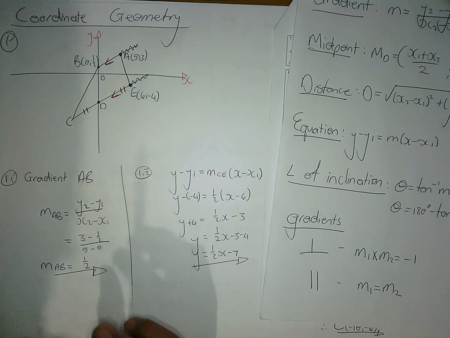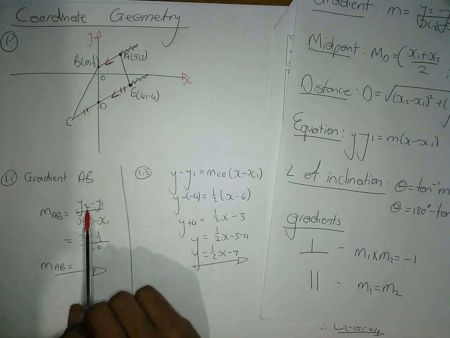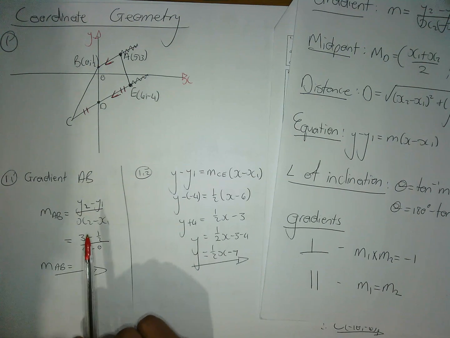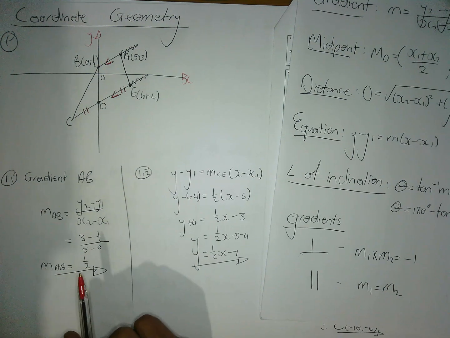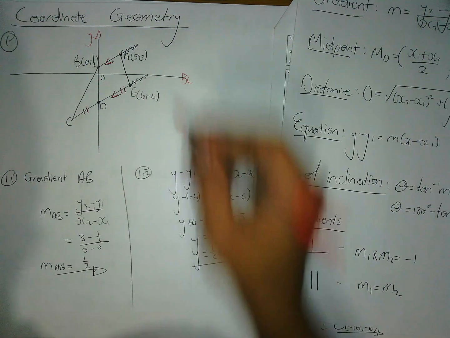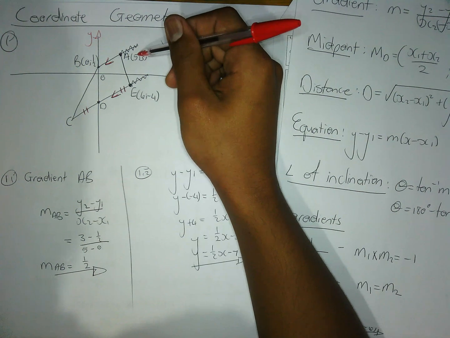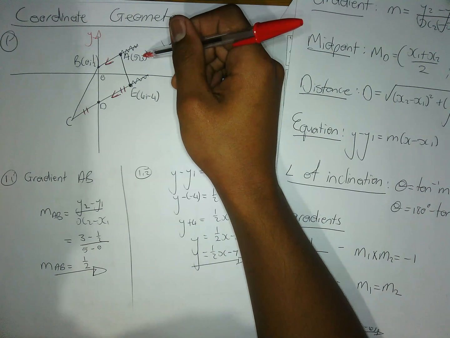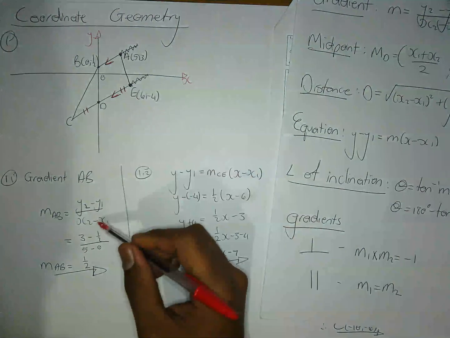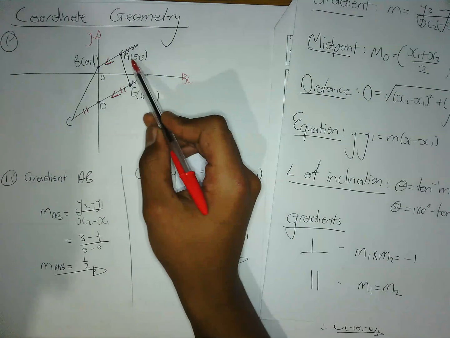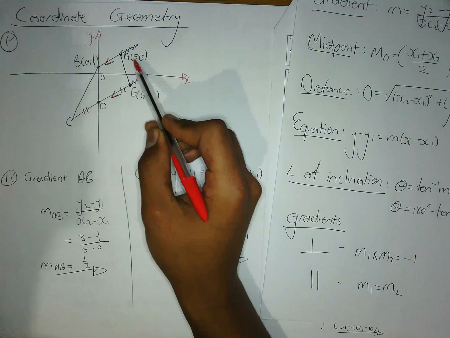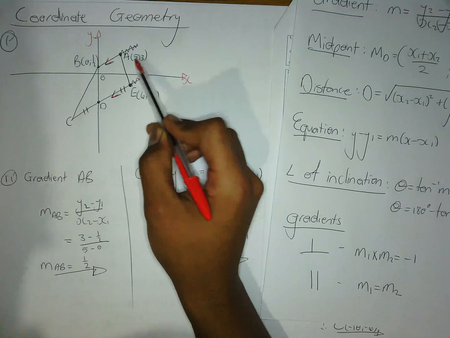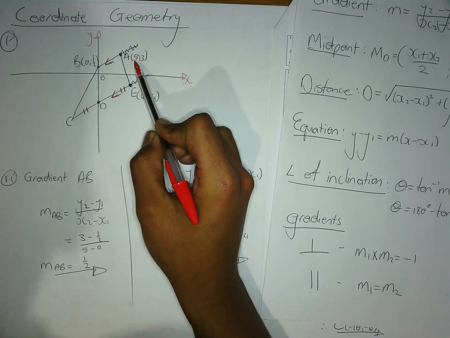So very important to note, we have a y2 and a y1 and an x2 and an x1. So when you write down these coordinates into the formula, whichever coordinate you choose as your x1 and your y1, it should correspond here at the bottom. So you can't take A's y as your y1 and now put the x as the x2.